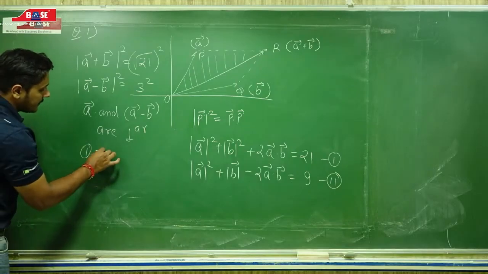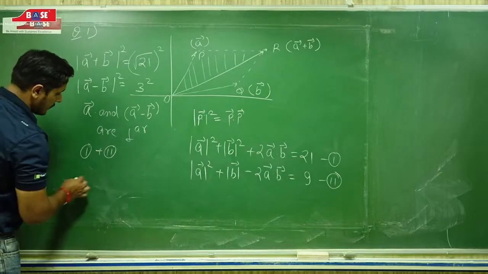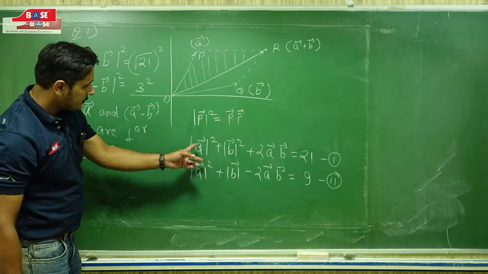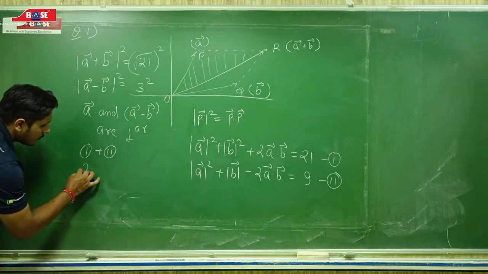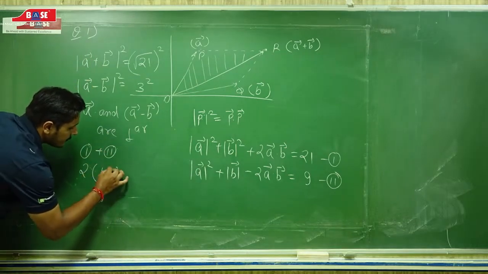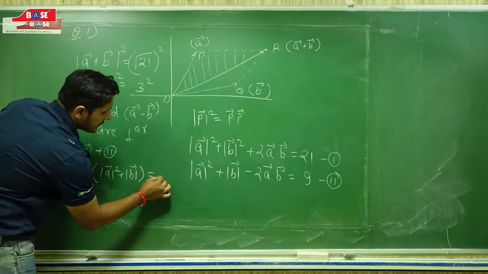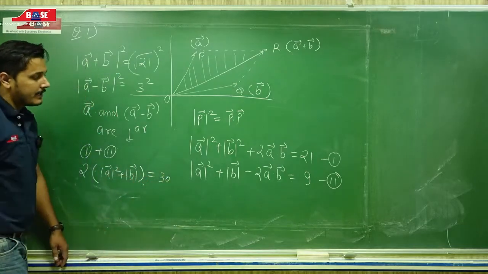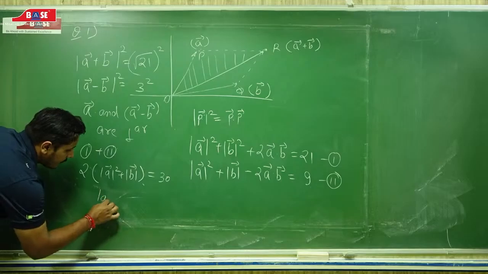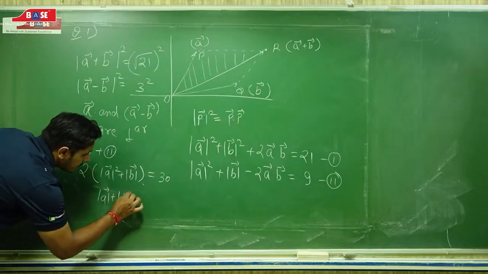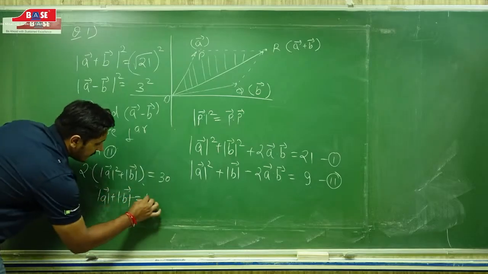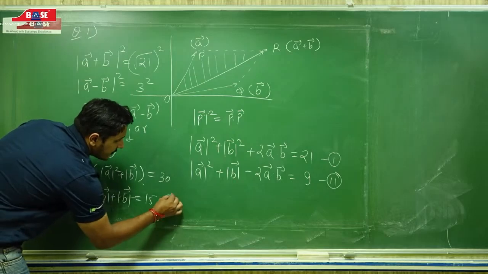So equation 1 plus equation 2. So when I add them, this will become 2 times mode of a square plus mode of b square is equal to 30. Their addition. So from here we get mode a square plus mode b square is equal to 15. Let me call this as equation 3rd.